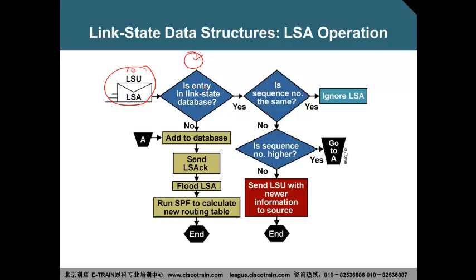So whatever comes in, I have to add it to the database. And then I need to send the acknowledgement to the sender, isn't it? After that, I'll send my database to my downstream neighbor. After that, I'll use my SPF algorithm like what you saw on the previous page, calculate the best route, and put it in the routing table. Is this clear?